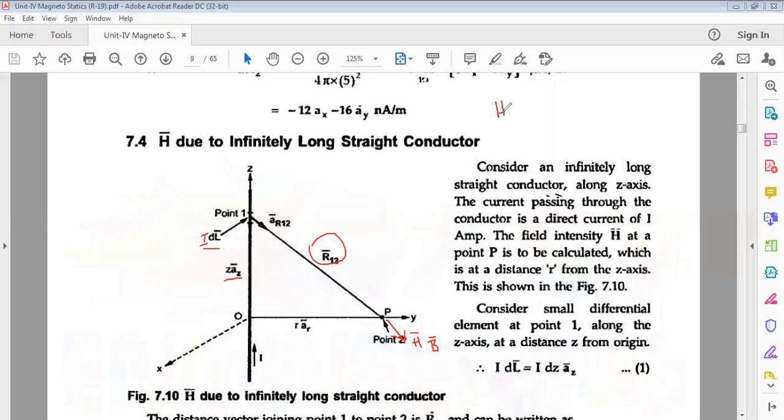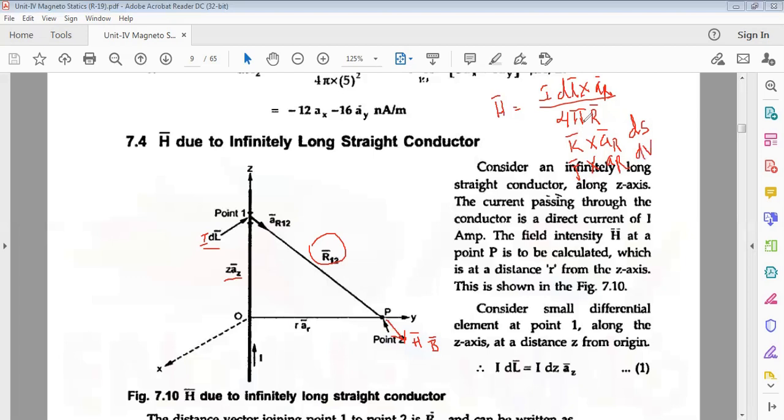You know H bar, due to the line charge, is equal to I into dl bar cross AR bar by 4 pi into R bar squared. For surface charge it becomes K bar cross AR bar into ds, and for volume charge, J bar cross AR bar into dv in the numerator.